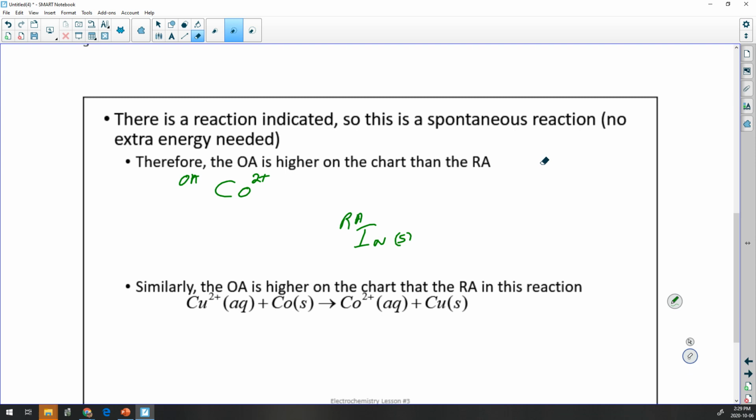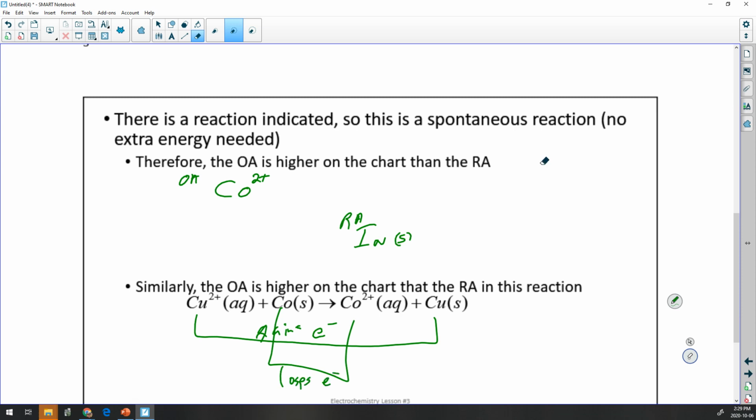Here we have the copper going from 2 plus, so two fewer electrons than protons, to copper solid. So he gains electrons. In this case, we start with cobalt solid and we end up with cobalt 2 plus. So he loses electrons.